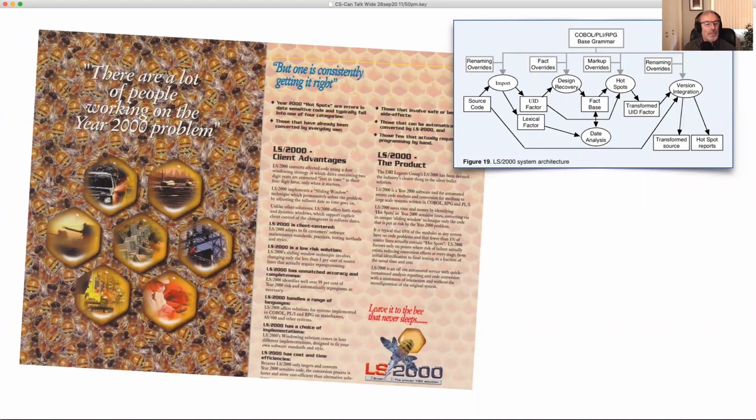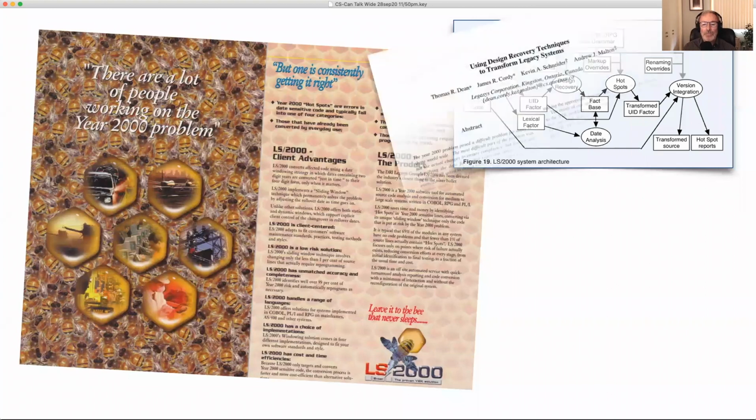Spun off a company to do that called Legasis, or DRI Legasis, and sold a license for our transformational solution to IBM Global Services, and in the end, hundreds of billions of lines of code. Well, no, I'm wrong. Tens of billions of lines of code ended up being automatically analyzed and transformed for the year 2000. And when the year 2000 came, the Canadian banking system, at least, didn't run into many major problems.